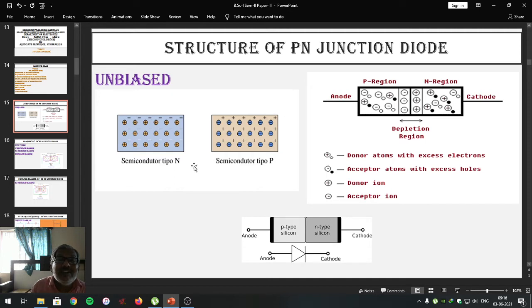When N type and P type semiconductors are taken together and heated at 1200 degrees centigrade in a furnace, the process of diffusion starts.